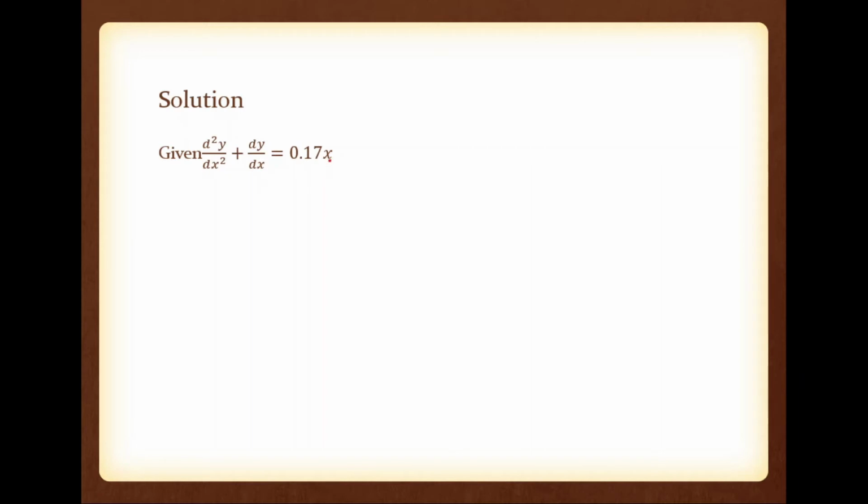Now we can replace x with xi. So after this approximation, we have yi plus 1 minus 2yi plus yi minus 1 divided by h square plus yi plus 1 minus yi minus 1 divided by 2h equal to 0.17xi. So after central difference approximation, this one is the equation.